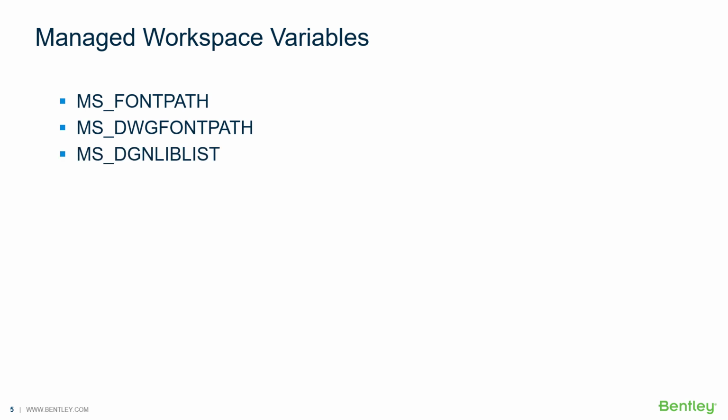The MS DGN liblist variable contains various DGN library files that are used to find levels, line styles, text styles, dimension styles, just to name a few. The MS Symbology Resource variable controls the path to where all your Symbology resource files are located.